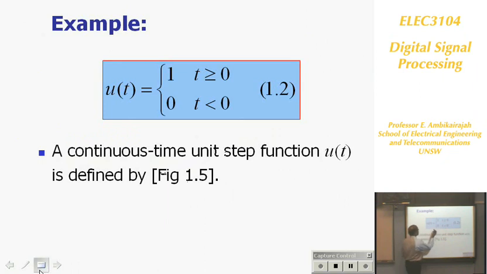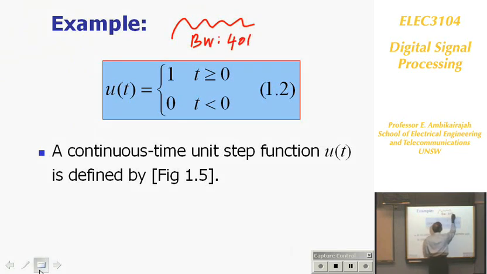So here is an example. I have got a signal here. My bandwidth of the signal is 40 hertz to 5 kilohertz. So what is the minimum sampling frequency you need?